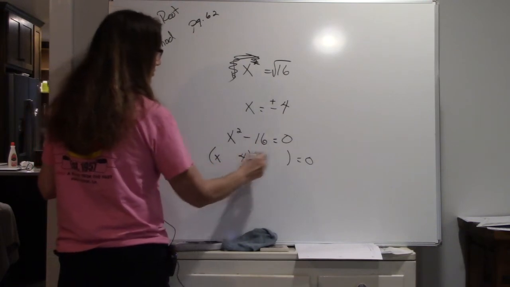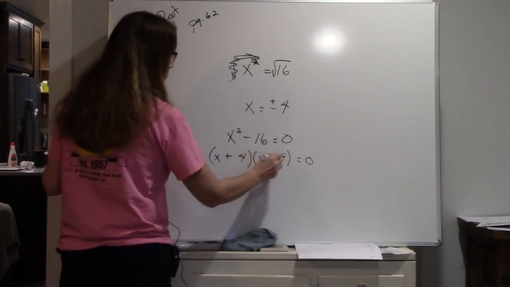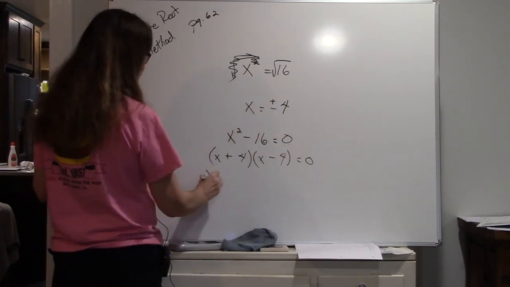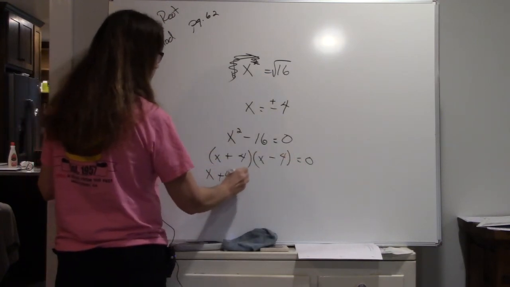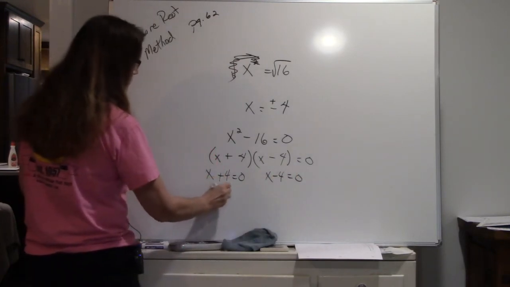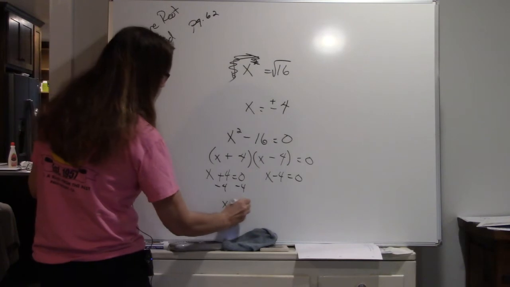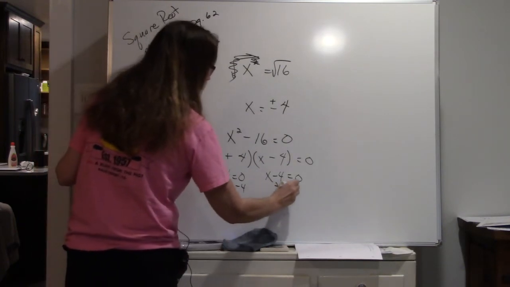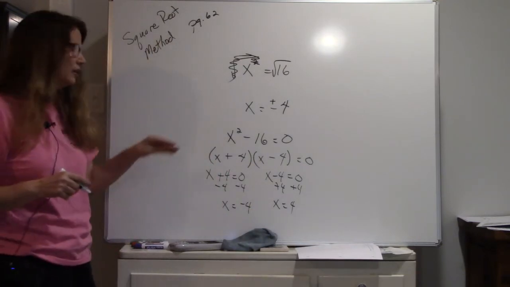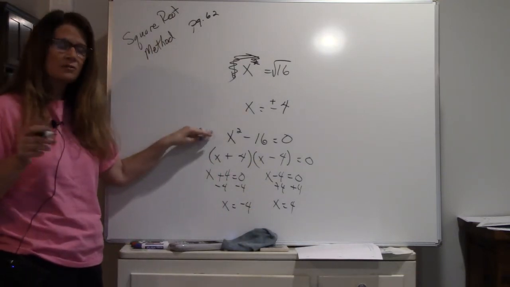Square root of 16 is 4 and 4. One's plus, one's minus, and then we set it equal to 0. So x plus 4 equals 0, x minus 4 equals 0, and then you solve for x. I have x equals negative 4, and adding 4 to both sides, x equals positive 4. That's one way to do it, if you recognize it as the difference of 2 squares.